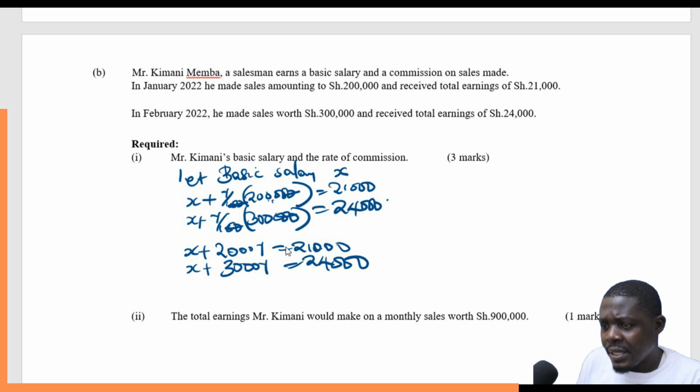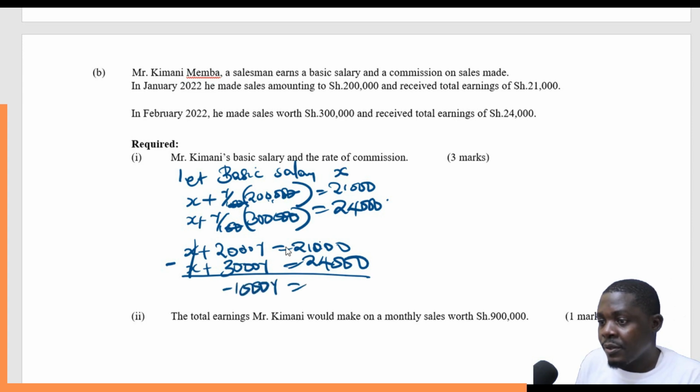Now we can subtract to eliminate X. This minus this one gives negative 1,000Y is equal to this minus this one, negative 3,000. Therefore, Y is equal to 3%.